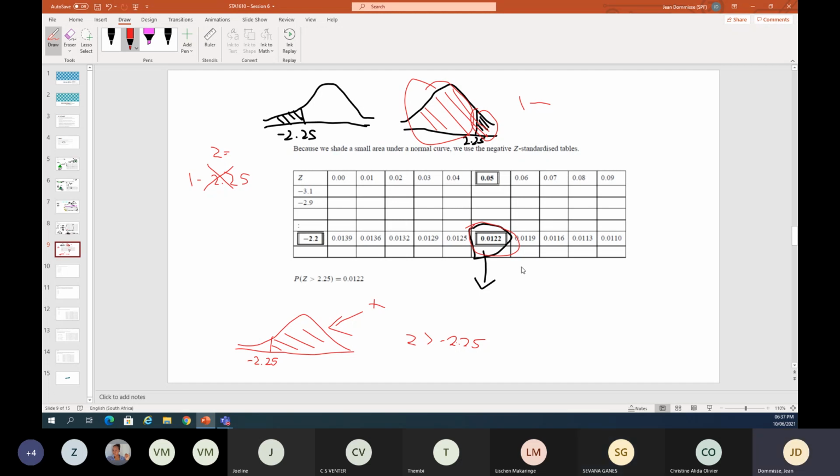See, and most of the time. So, and that is where it becomes, so let's say if I shade to the right of the mean of that Z value of 0, then I will use the negative.